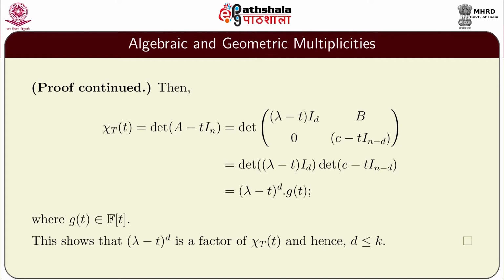And then you see that this determinant is nothing but (lambda minus t) whole raised to d multiplied by g t, where g t is a polynomial with coefficients from the field F. And where does this g t come from? This g t is nothing but the determinant of the matrix C minus t I n minus d. Therefore, (lambda minus t) whole raised to d is a factor of the characteristic polynomial chi t, and therefore d has to be less than or equal to m.